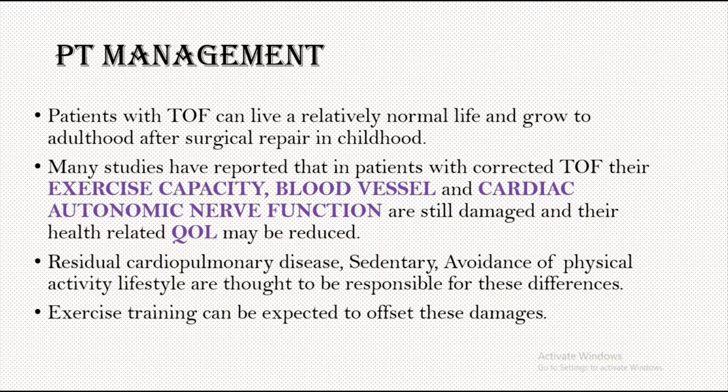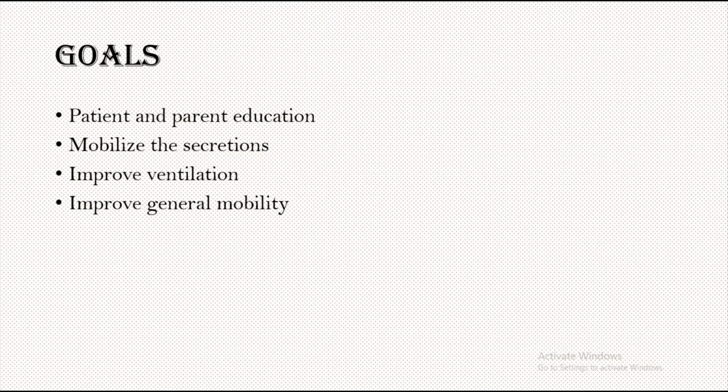So what can be our goals? The goals of our treatment include patient and parent education. It is the most important part of our treatment because pre-operative and post-operative parent and patient education helps to decrease complications. The second is to mobilize the secretions, improve ventilation and improve the general mobility.